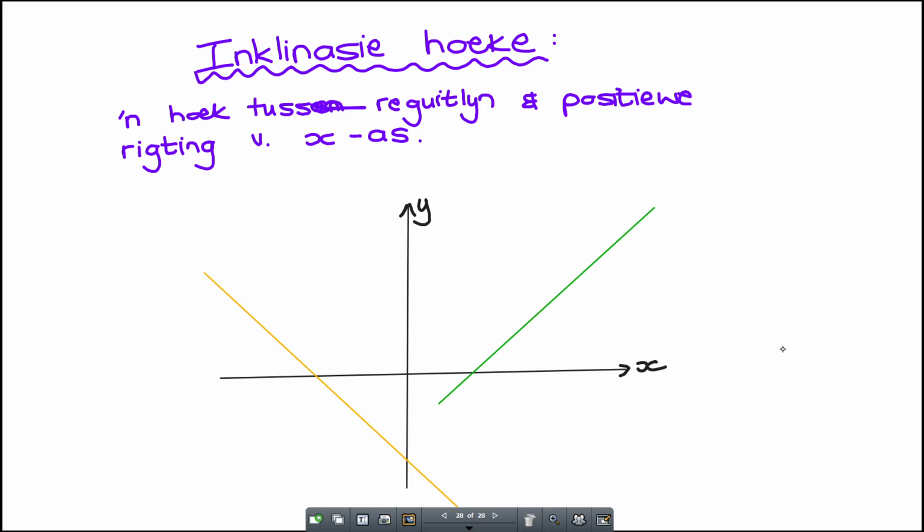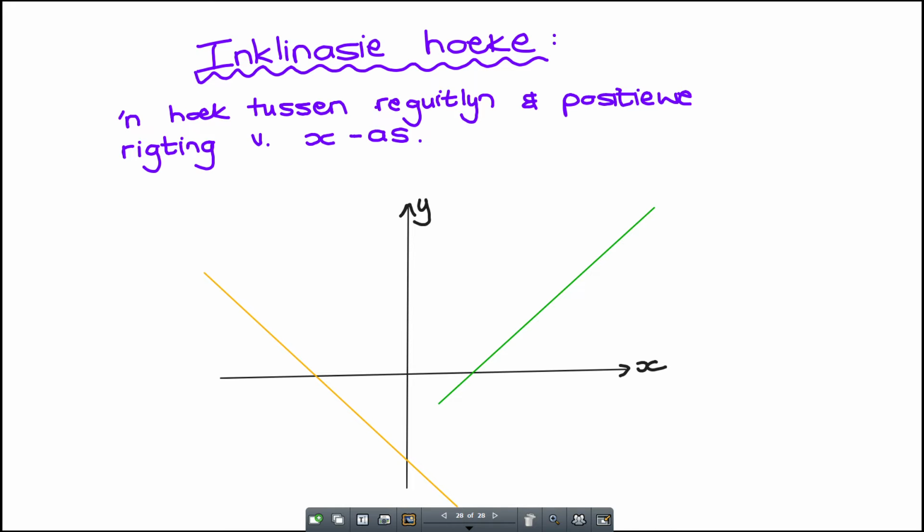So, I wrote here that angle of inclination is 'n hoek tussen 'n reguit lyn en die positiewe rigting van die x-as. So, English people, that is the angle between the straight line and the positive part of your x-axis.